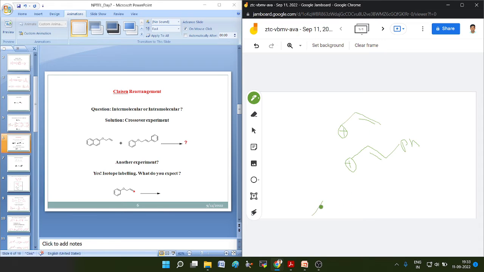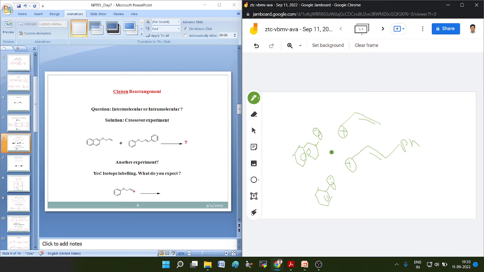Now on the other side, it is not shown, we have O minus here from the second reactant, and from the first reactant we have naphthoxide.